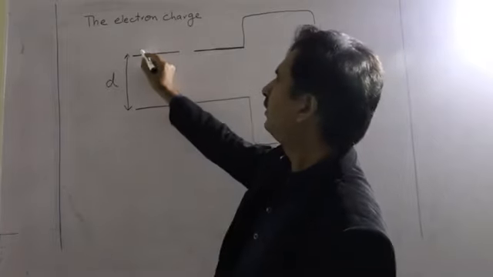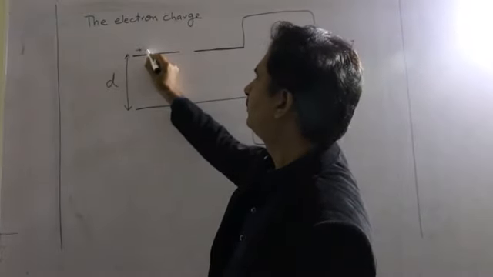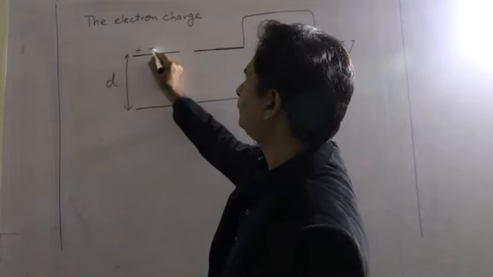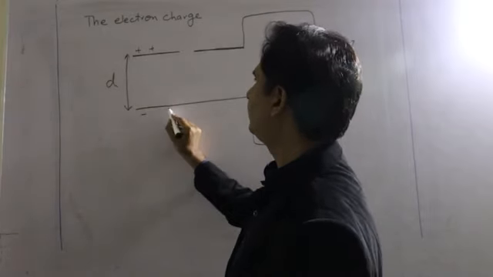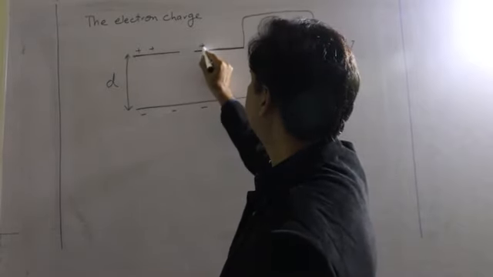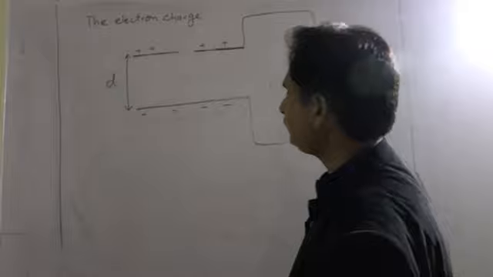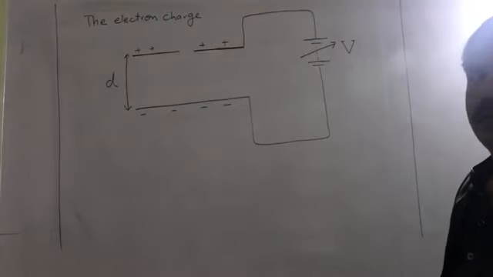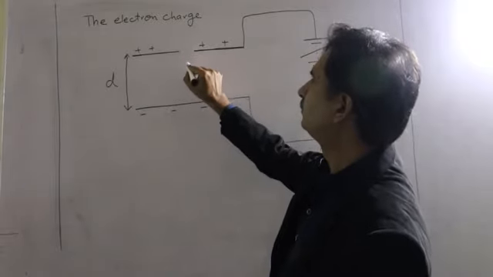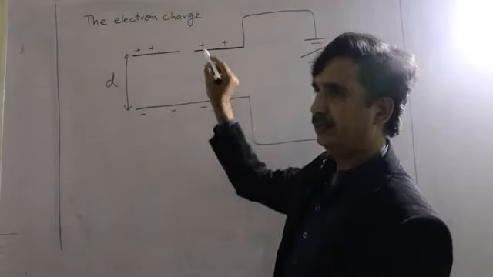So this plate becomes the positively charged plate, and this is the negatively charged plate. Oil droplets were sprayed through this hole, through a jet.